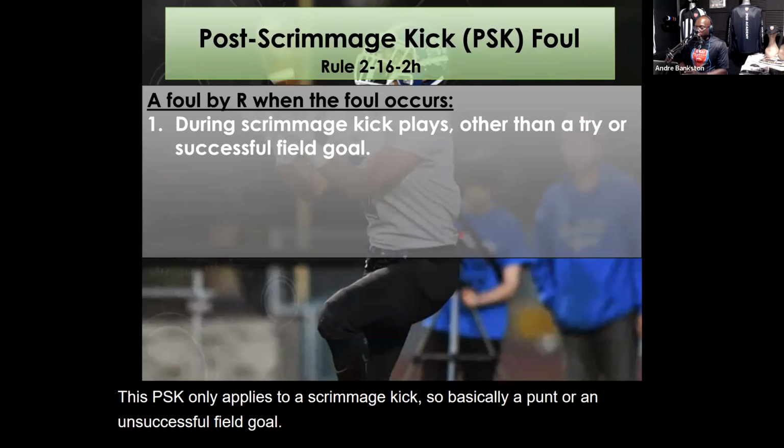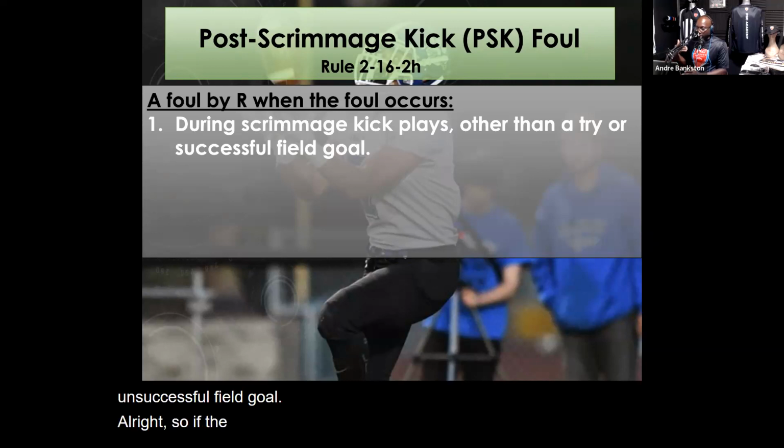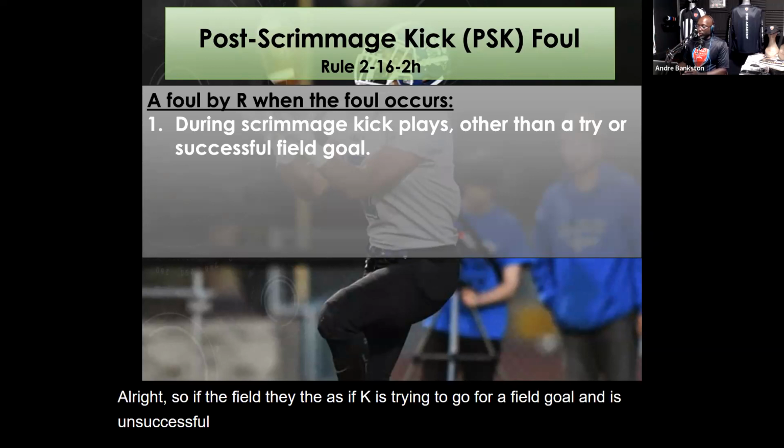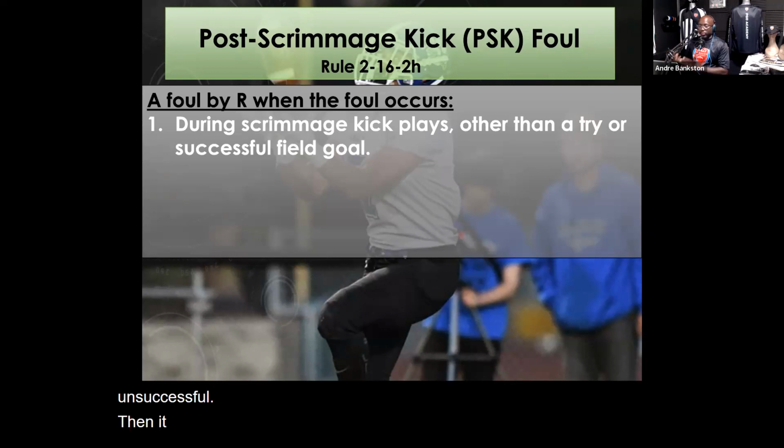All right, so if K is trying to go for a field goal and it's unsuccessful, then it turns into basically a scrimmage kick punt. There's a holder and it kicks the ball.